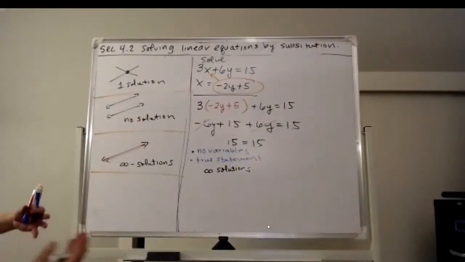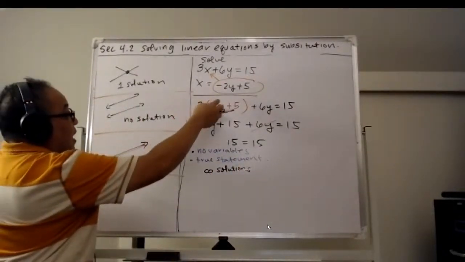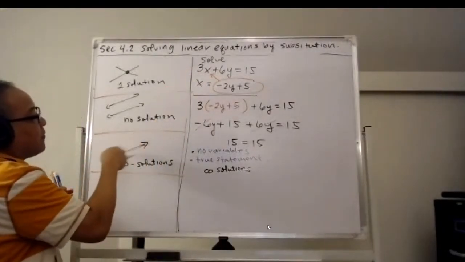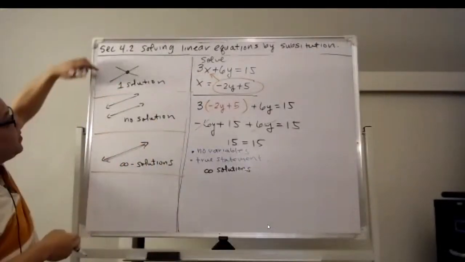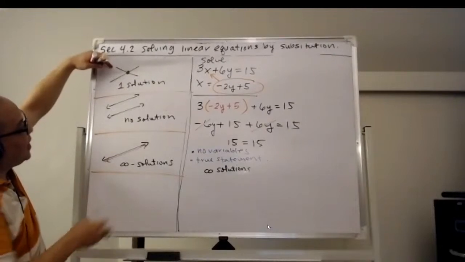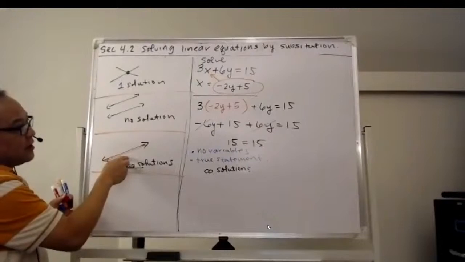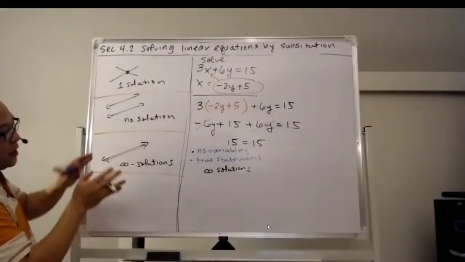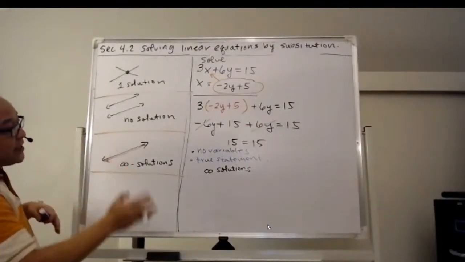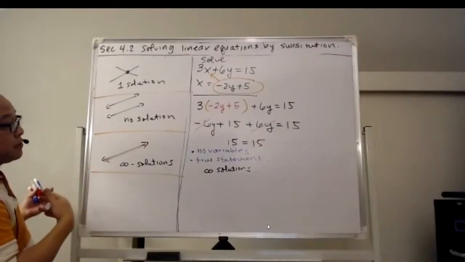You got infinite solutions because I'm using the same line. I never use the other line. So even though if I have this situation and I isolate it and then use the same line, I now have this situation. So that's why you always use two separate lines. If you isolate one, plug it into the other one.